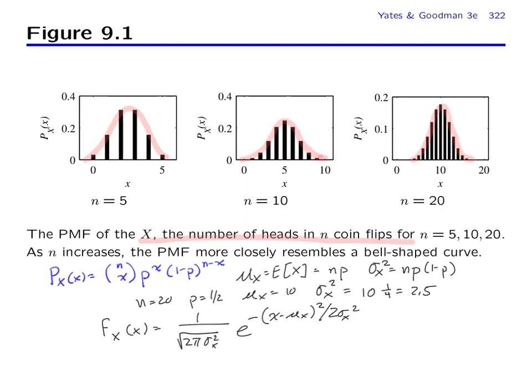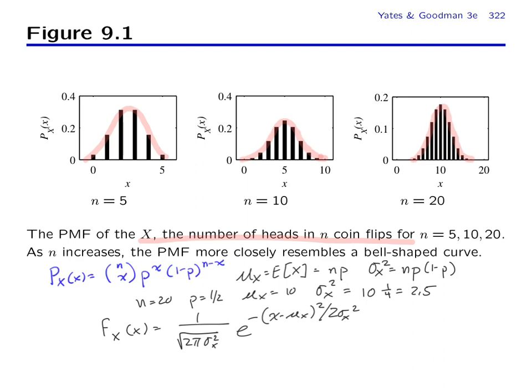And now what we're saying is that this PMF actually is close to this density function, in the sense that this density function, hand-drawn, looks like this bell-shaped curve, and so does the binomial PMF of x.